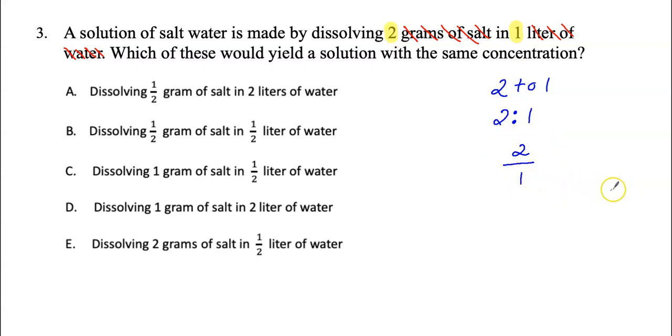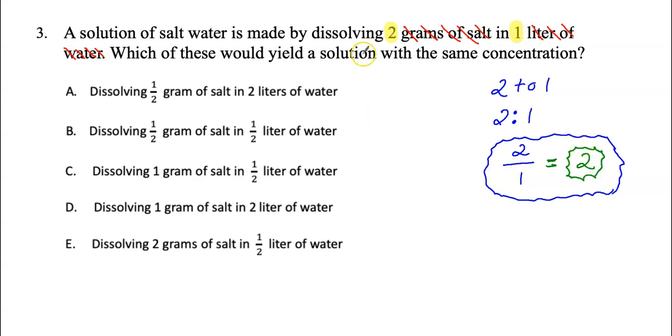I prefer this way. So let's focus on the fractional piece. Well, what is 2 divided by 1? Well, that just equals 2. So this is my target answer right here.